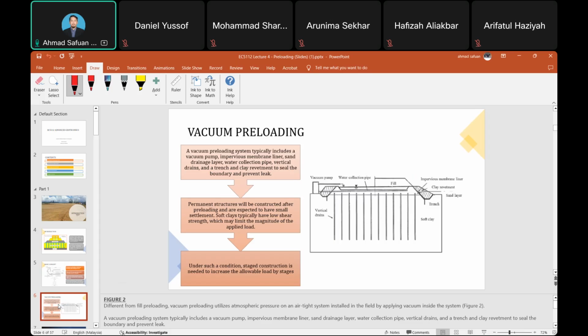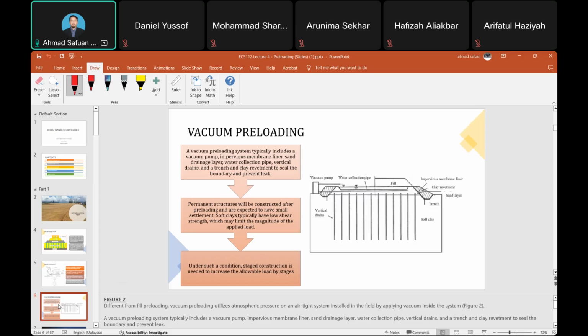So as we know, the natural atmospheric pressure is 100 kPa. We may decrease the pressure inside the system by using the vacuum.